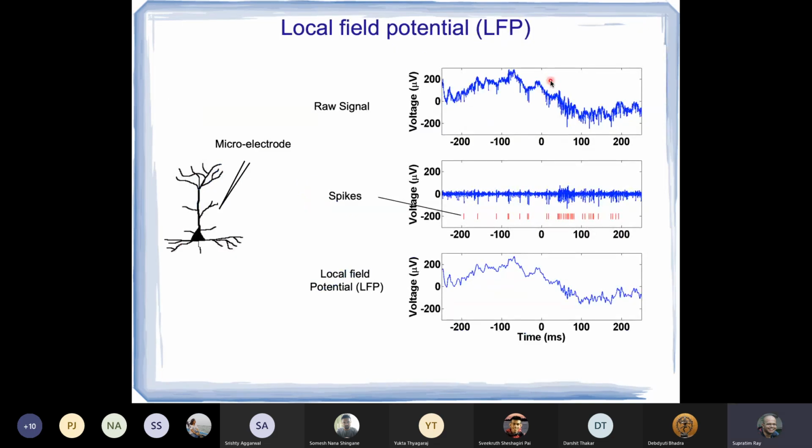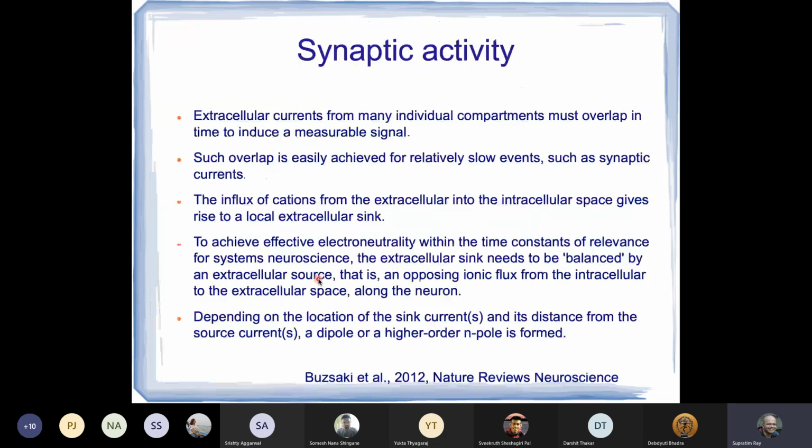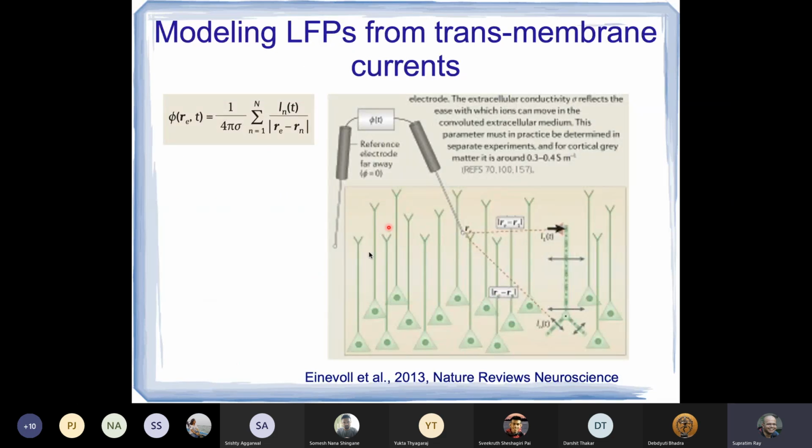It's very important to realize that if none of the neurons around this electrode are firing action potentials, that doesn't mean that this potential is going to be 0. Because this potential is because of synaptic activity, the opening of ion channels.